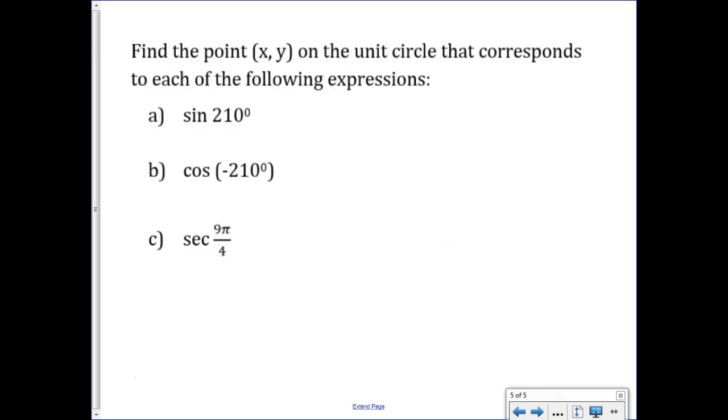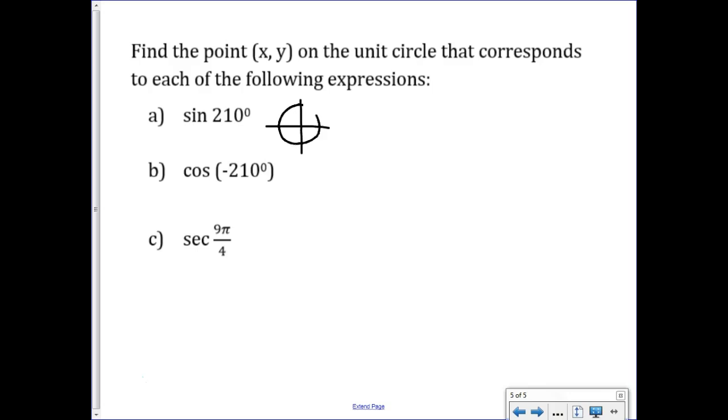So then find the point x, y on the unit circle that corresponds to each of the following expressions. So, sine of 210 degrees. Well, first off, we have to figure out where 210 degrees is. So 210 degrees is more than 180.